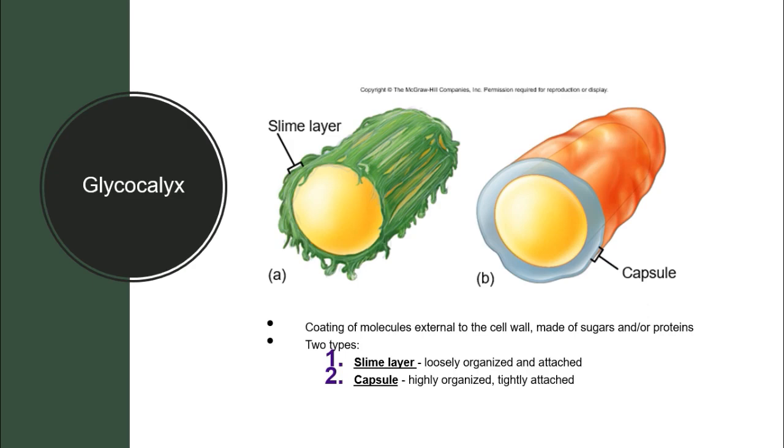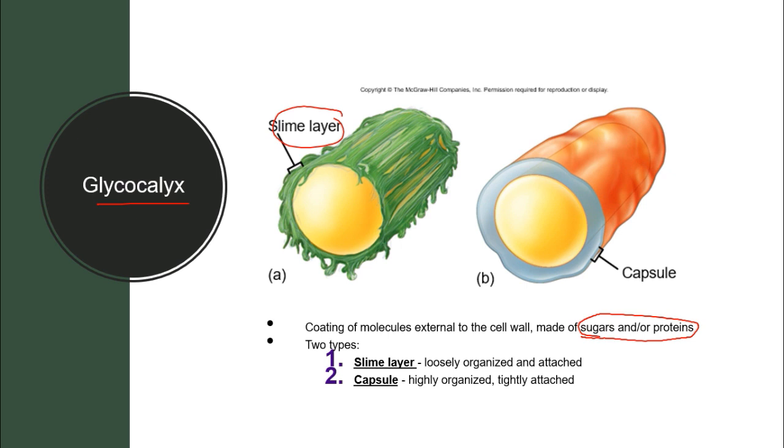Talking about the layers on the surface of the bacterial cell, another such layer is the glycocalyx. The glycocalyx layer is just like a slime layer on the surface of the bacterial cell. It's not like any protein component protruding out. It's a coating of molecules external to the cell wall made up of sugars and some proteins, but mostly sugar.